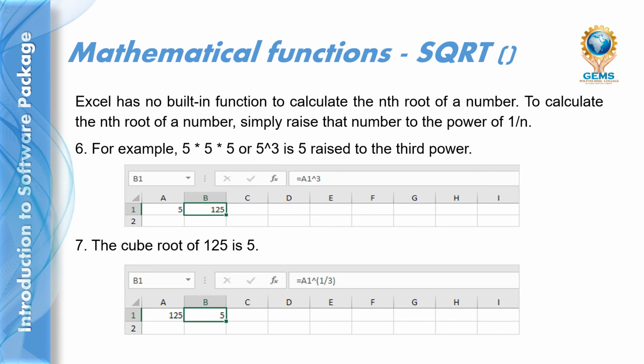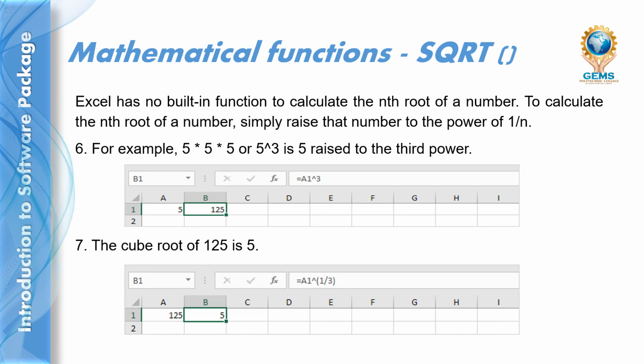And Excel doesn't have any built-in function to calculate the nth root of a number. To calculate the nth root of a number, simply raise the number to the power of 1 by n.